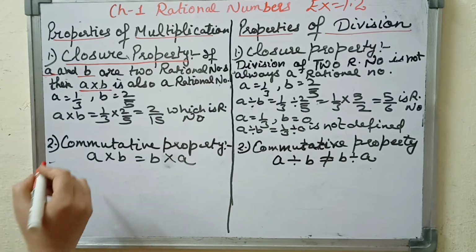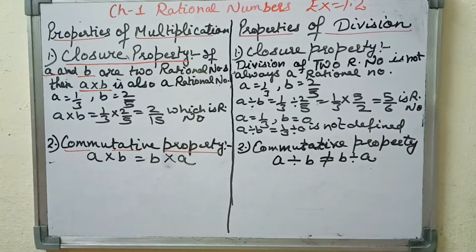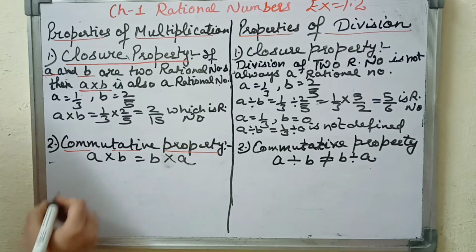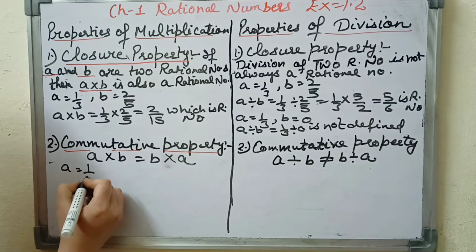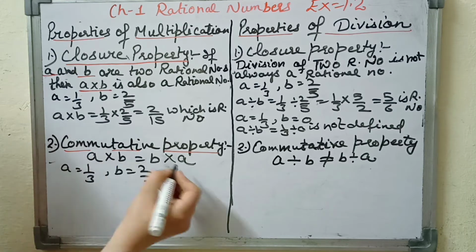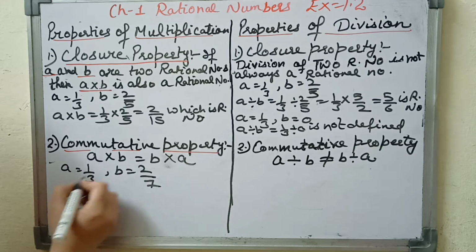Now the second property is the commutative property. According to this property, A multiplied by B is equal to B multiplied by A. Now if I take A as 1 over 3 and B as 2 over 7, see what the answer will be after putting the values.